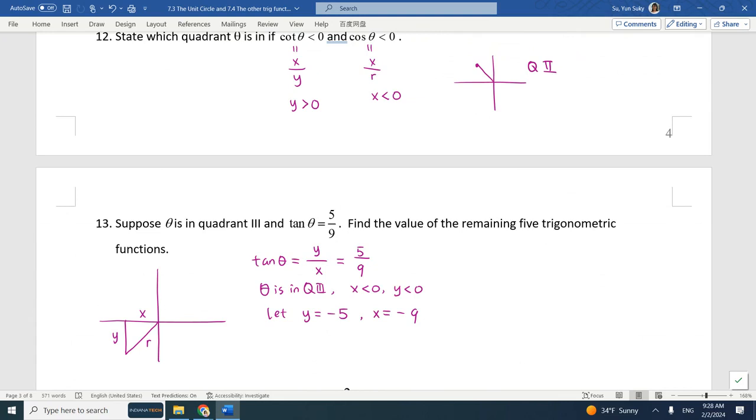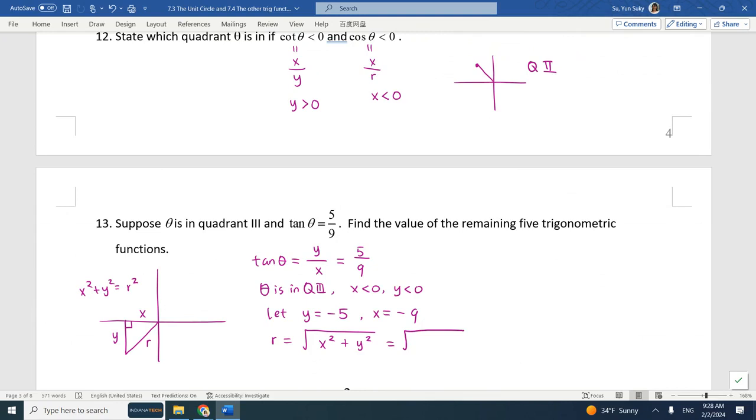So we know y, we know x, we need to find r. By the Pythagorean theorem, when you solve for r, it's a square root. Do we need plus or minus square roots? No, because r is positive. So r is the square root of x squared plus y squared.